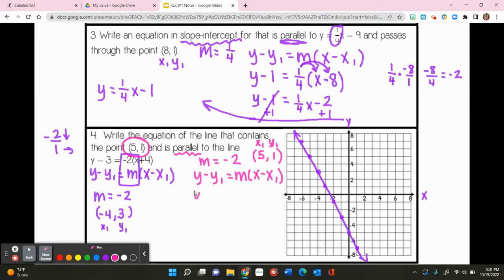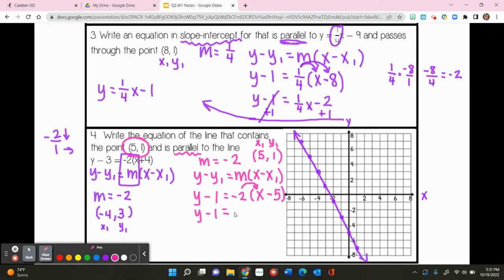So I have y minus y1, which is 1, equals m, my slope, which is negative 2, times (x minus x1, which is 5). Now I solve for y. So y minus 1 equals, and I have to get rid of these parentheses.